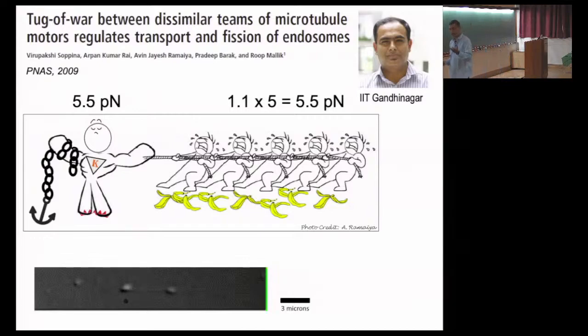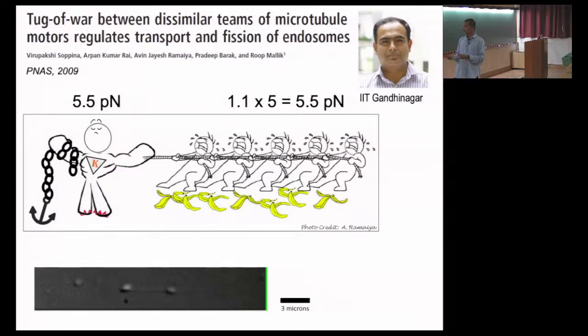These are amoeba that grow in the soil, and you can purify endosomes from the Dictyostelium cells. And luckily, given the biochemical conditions that we have, you take the endosomes out of the cells, and you now put those endosomes on a microtubule which you have stuck to a cover slip, and you can see very nice, robust motion of these endosomes.